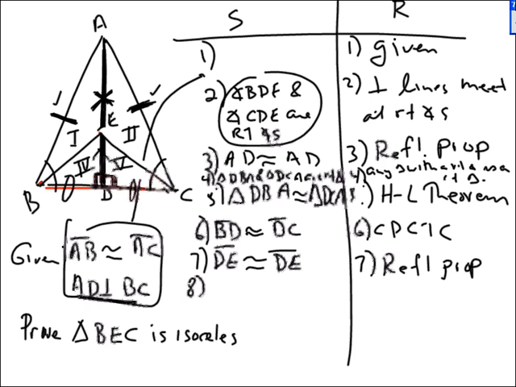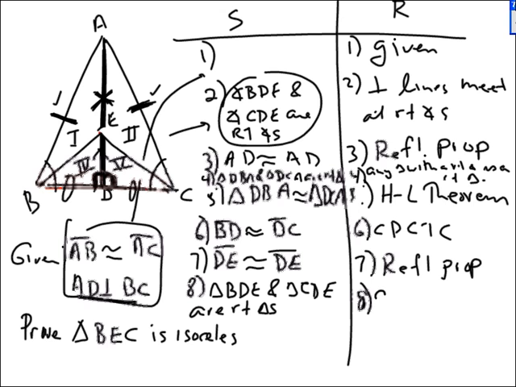And the reason is because of statement 2. These angles are right angles here. So triangle BDE and triangle CDE are right triangles. And number 8 reason is the same as number 4. Any triangle with a right angle is a right triangle.